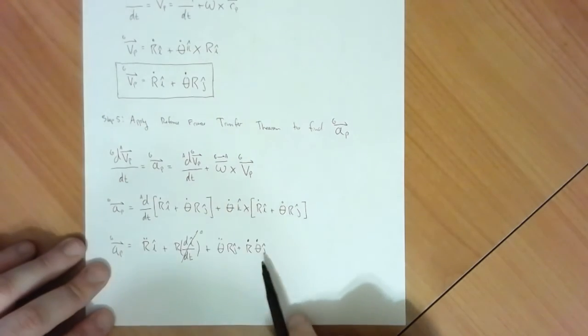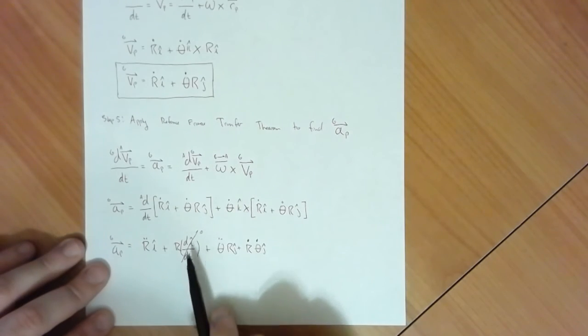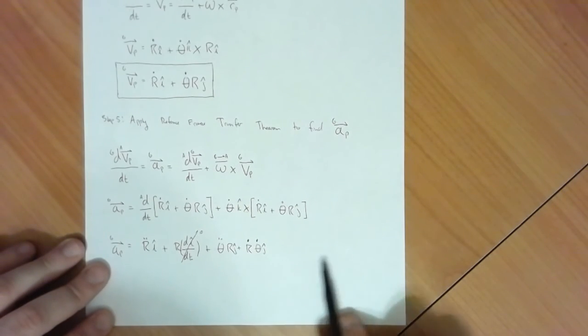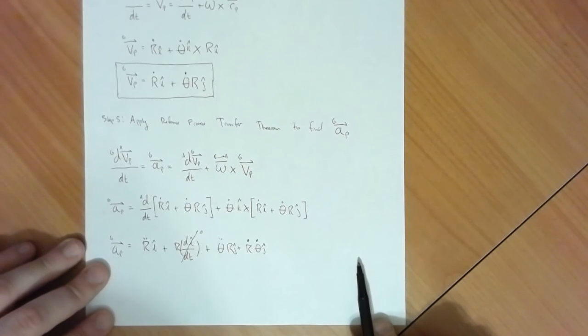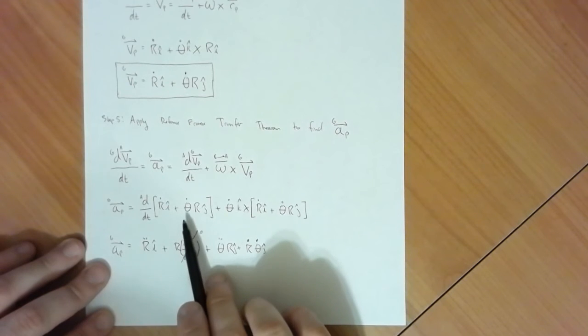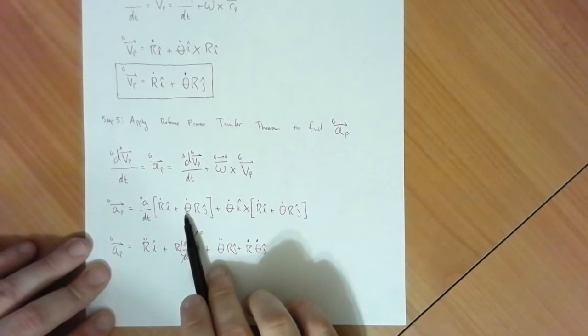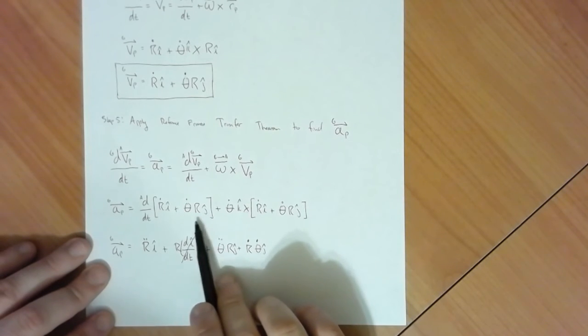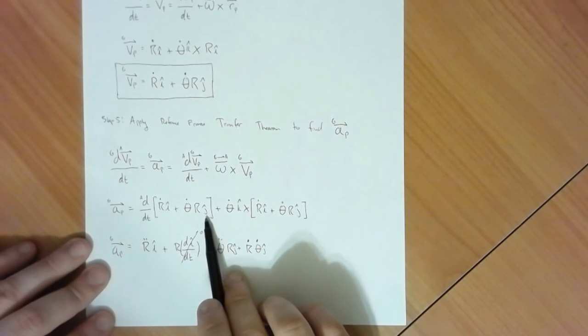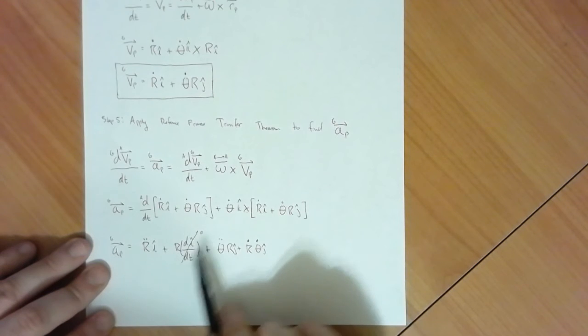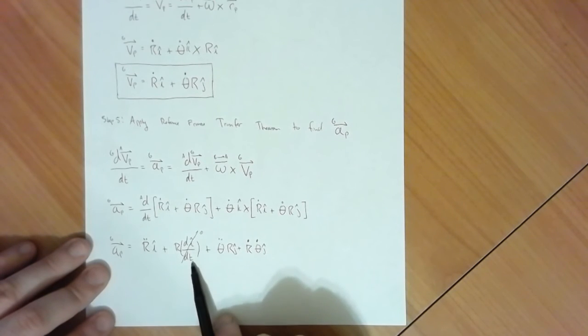Now, just like over here, there's actually a whole series of additional terms that all go to 0, and I'm not even going to bother writing those terms. Those terms come because I've actually got a product that has 3 components, right? I've got this component, this component, this component. But every single time that I take the derivative of the j hat component, the whole term goes away, for the same reason that the derivative of the i hat component goes away.